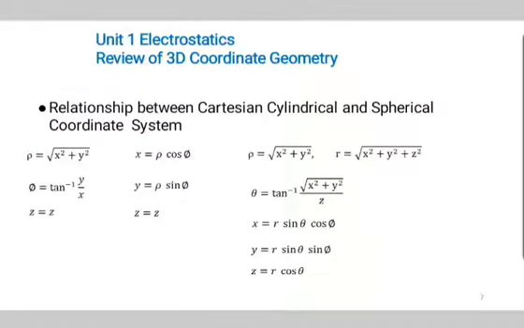Next is the relation between the Cartesian, cylindrical and spherical coordinate system.